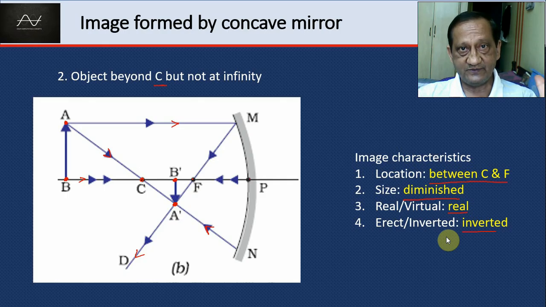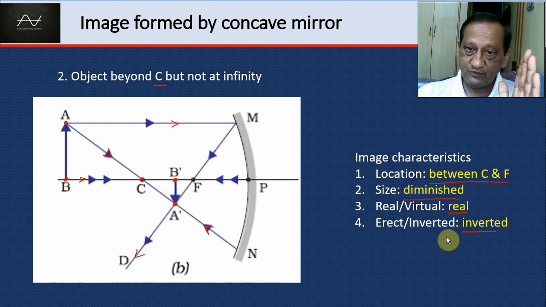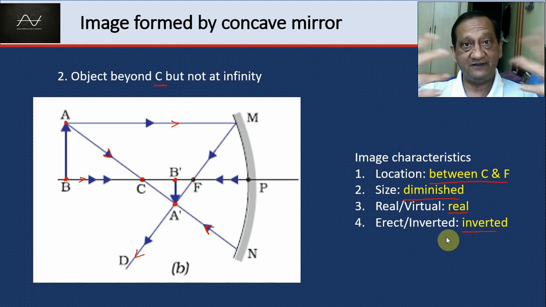That is, as the object comes closer, the image goes farther from the mirror. And the interesting thing is, the farther the image is from the mirror, the larger would be its size. So as we bring the object closer, the image goes farther from the mirror and its size increases.